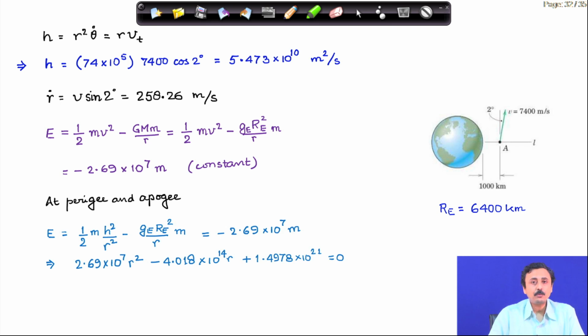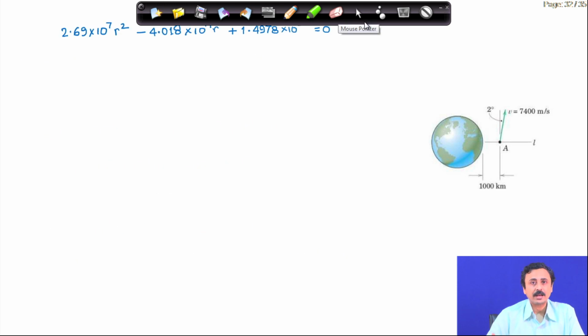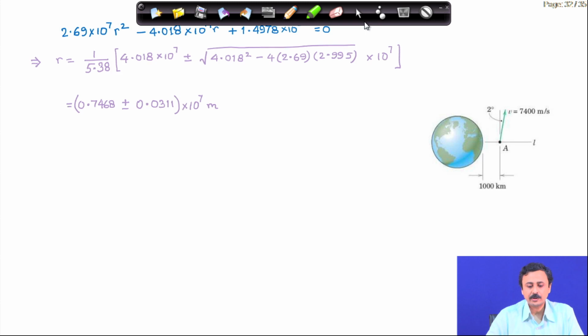Therefore, at perigee and apogee the values of R actually represent R min and R max. If you solve this quadratic equation, it will have two real solutions, and you will get R min and R max. This is what is expected.